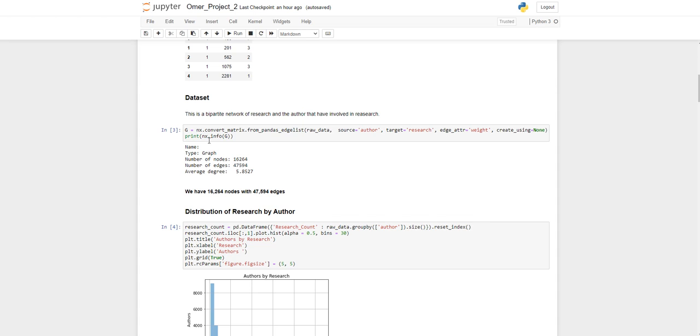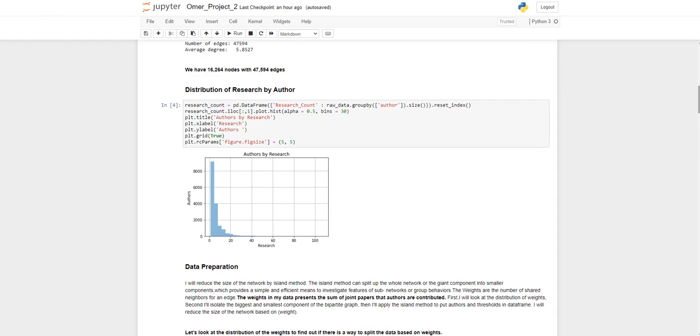By having this data, the first thing that I want to do is look at the distribution of the weight and see if I can get some idea of how to split the data, creating some sort of threshold. I can see the number of the researchers and number of authors right here. We can see that closely. The distribution looks like the range is from 0 to 20.